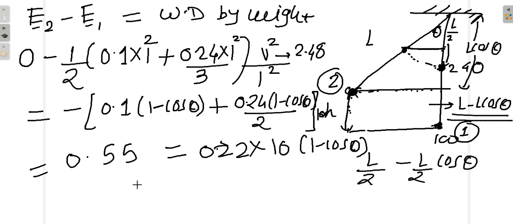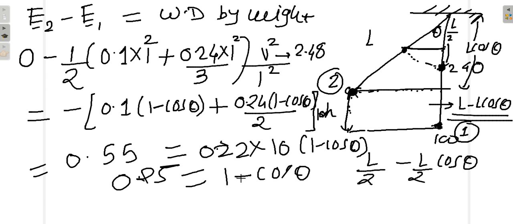See what does it give us? 0.55 upon 2.2. That is 0.25. 0.25 is 1 minus cos theta, which gives you cos theta as 0.75.